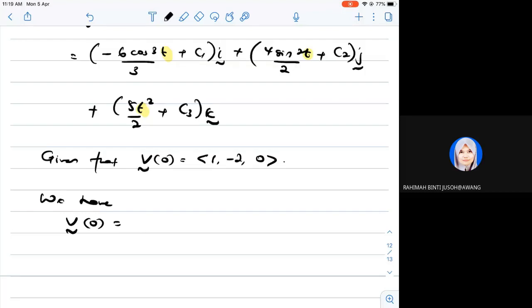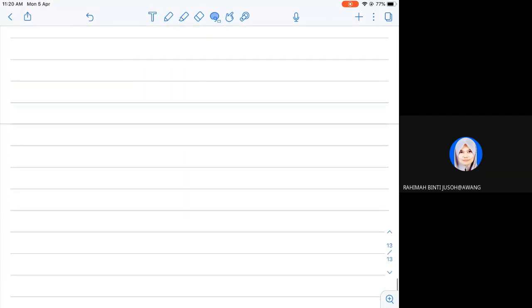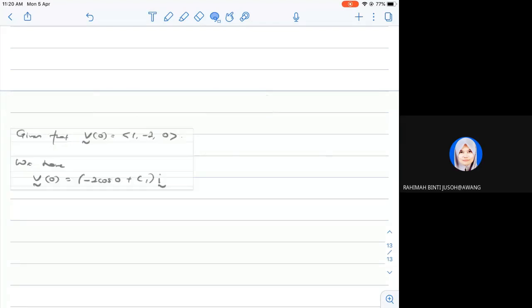Sekejap. Negative 2 cos 0 plus C1i. Kejap. Nanti kau buat pening pula. Saya bawa ke bawah dulu ni. Cut. Paste.